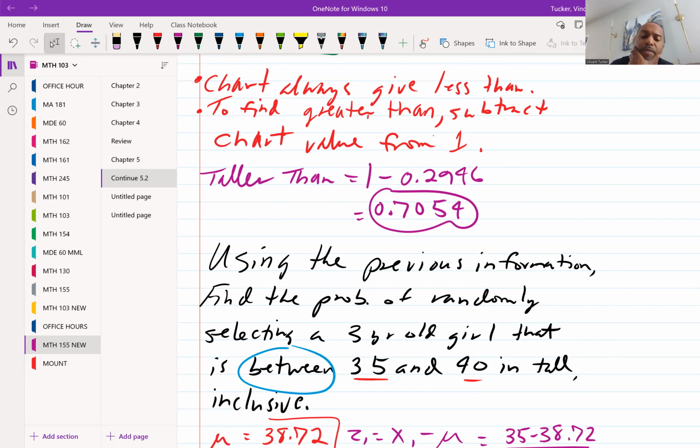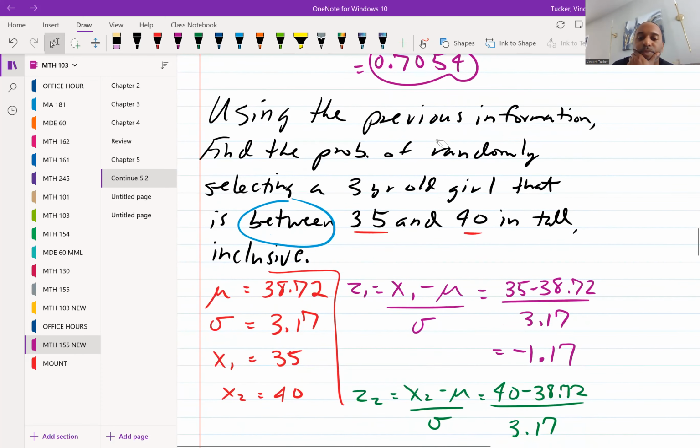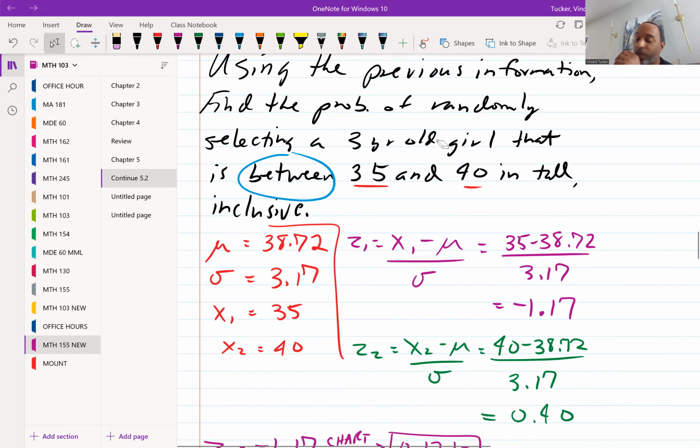So now we have 2 data values that we have to consider, 35 and 40. So we need to convert both of them to z-scores.